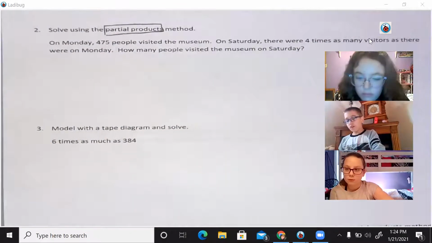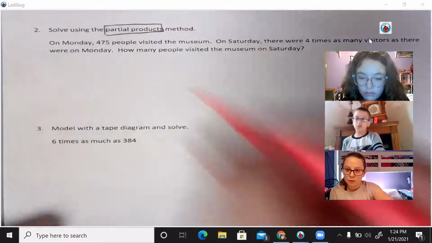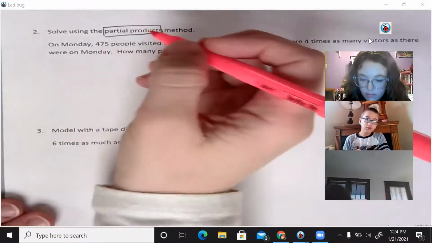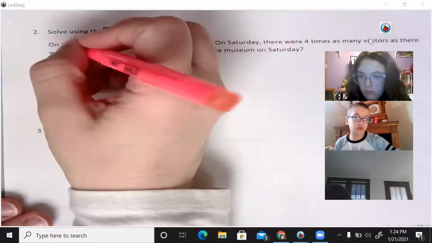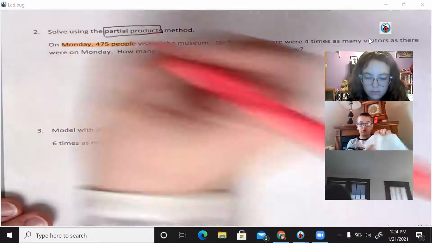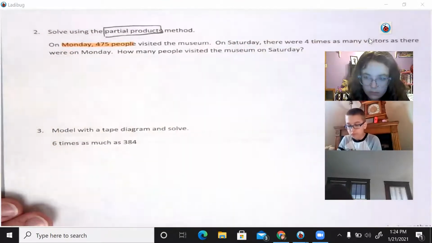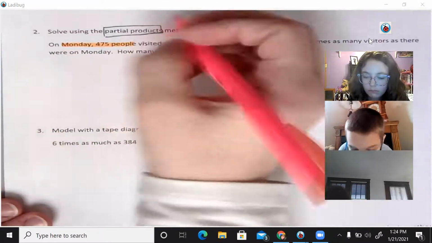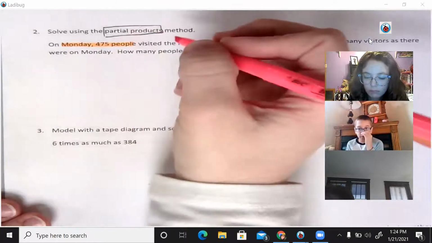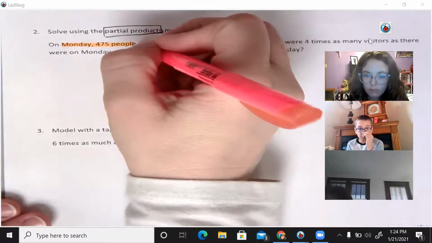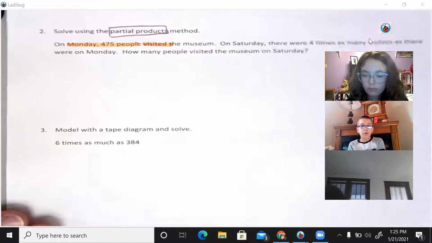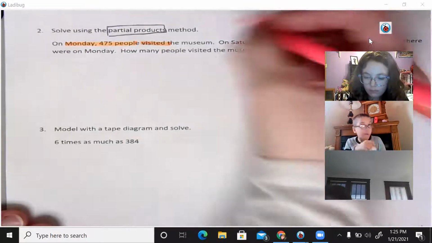Okay, Izzy, tell me what I should highlight or underline. What's important here? On Monday, 475 people visited the museum. Okay, so I'm going to do Monday. We want to do the least amount of highlighting, just the important stuff. So Monday, 475 people visit. What happened on Saturday?